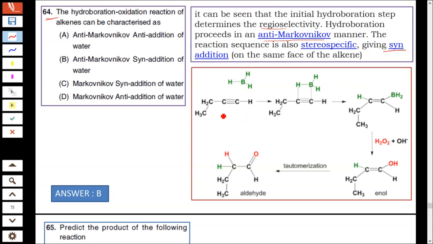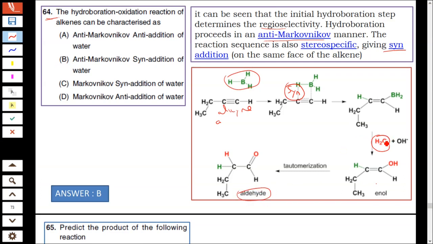Here you see an alkyne. You take alkyne or alkene on adding BH3. Here you see it is a syn addition, which directly adds, and on treating this intermediate with hydrogen peroxide gives the enol form, which on tautomerization gives the aldehyde form.